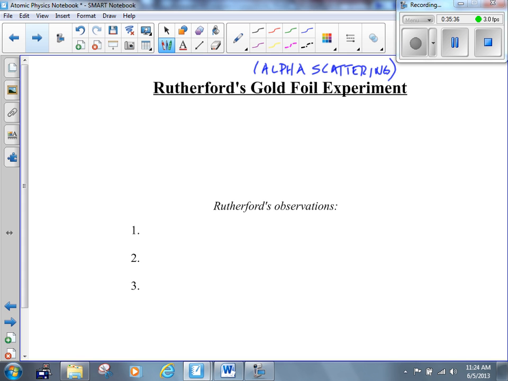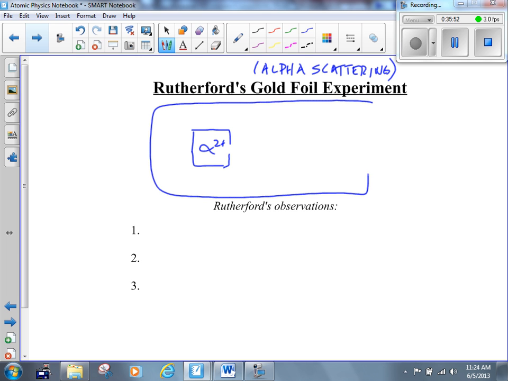Geiger and his assistants had basically a little box of radioactive material that produced alpha particles, these helium nuclei. Over here, they have this thin layer of gold foil. It's like tin foil, except even thinner and made out of gold.